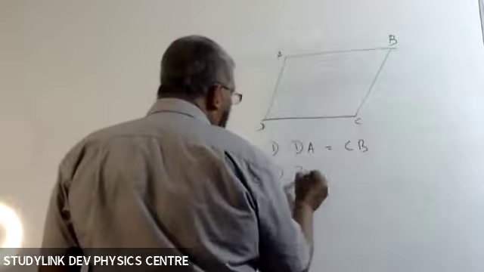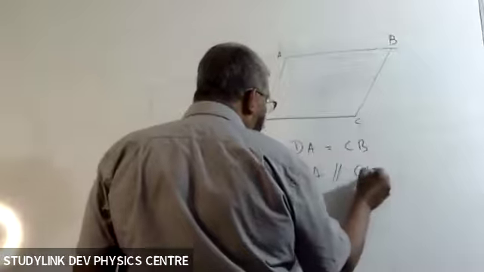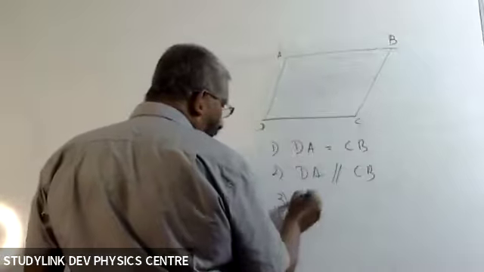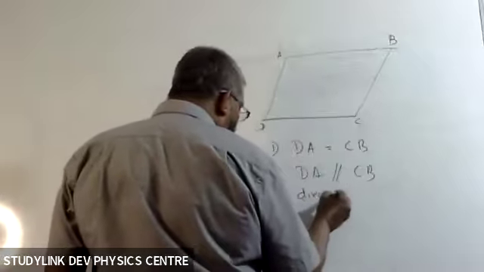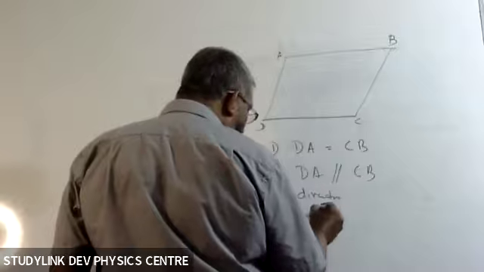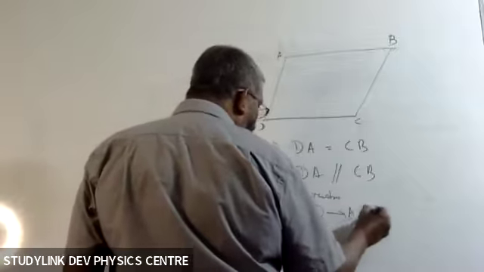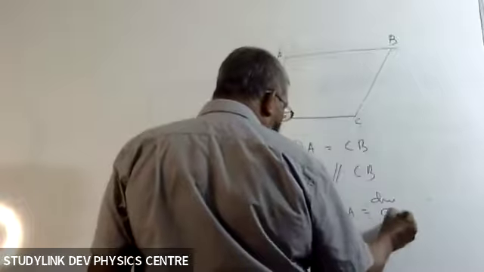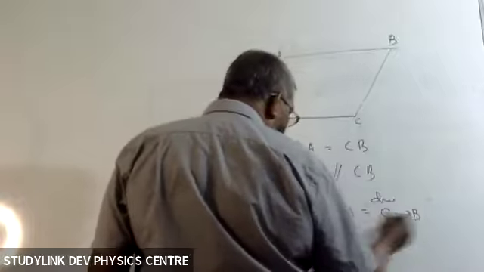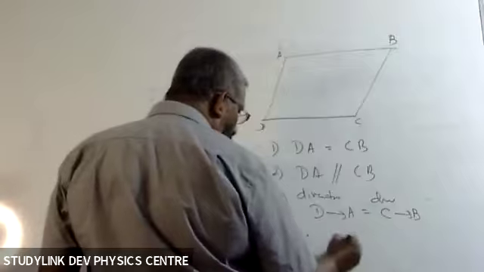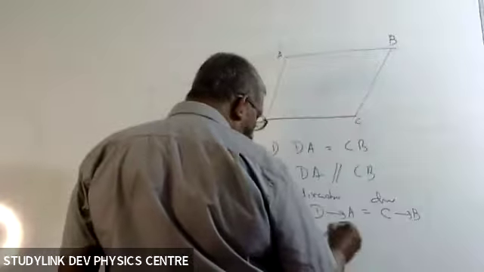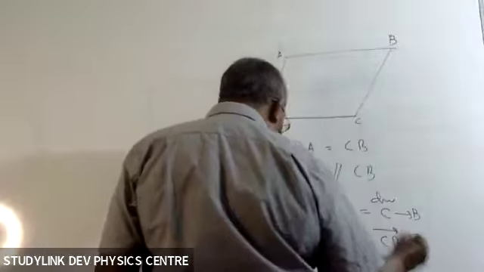Number 2, DA is parallel to CB. Third one, acting direction D to A is equal to direction C to B. Therefore, vector DA is equal to vector CB.